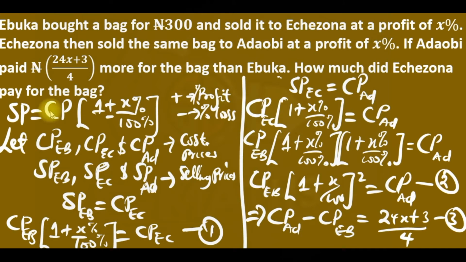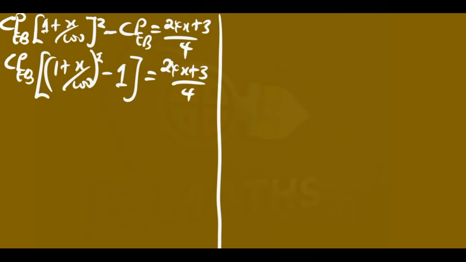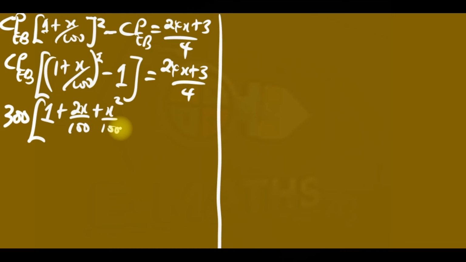We open up the bracket, which is 1 plus 2x over 100 plus x squared over 10,000, minus 1, equals (24x + 3) over 4.